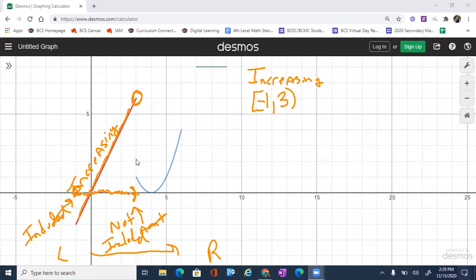Now, we continue working across the graph, okay? And we pick up on this section of the graph right here. So we pick up on this and we go to there. And you'll notice that this is a decreasing section of graph. And what we're going to do is the same thing. We go back and we are going to trace it.